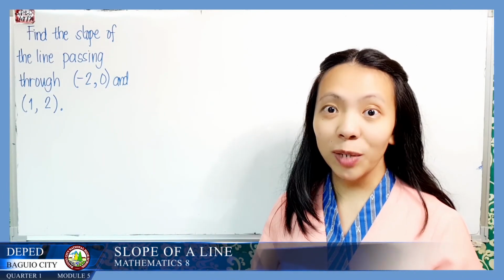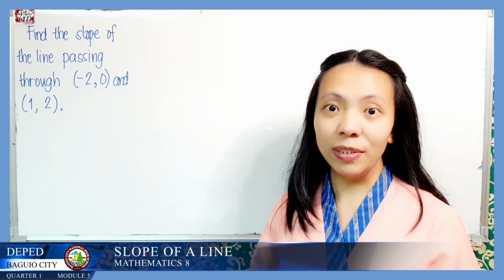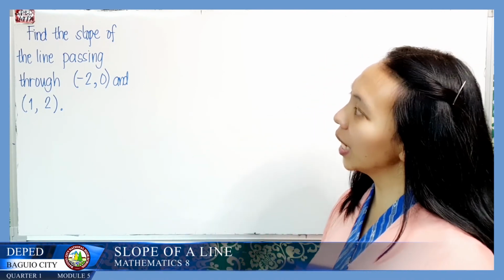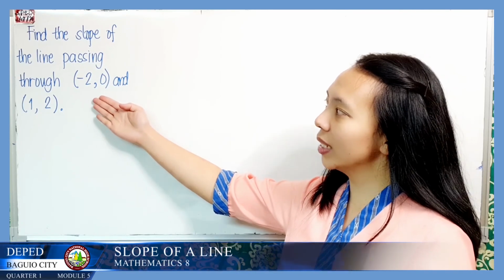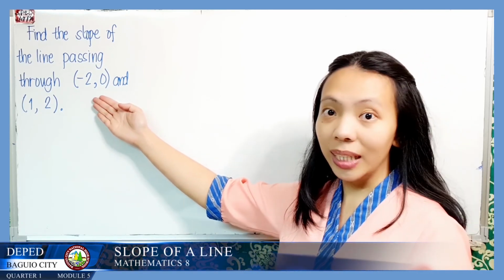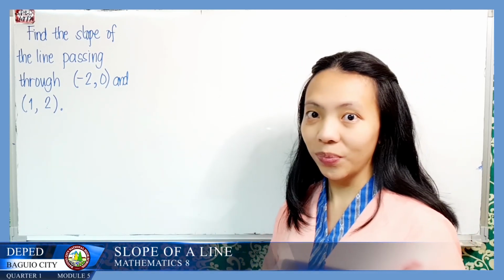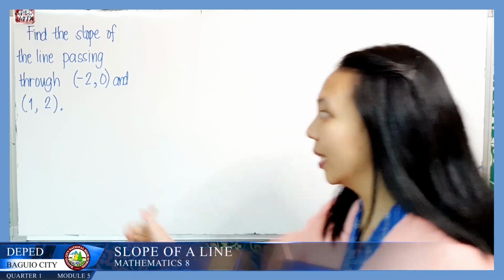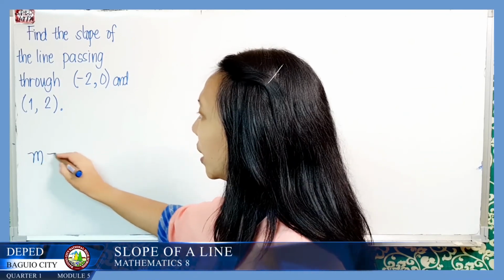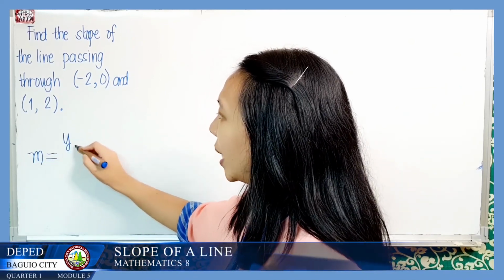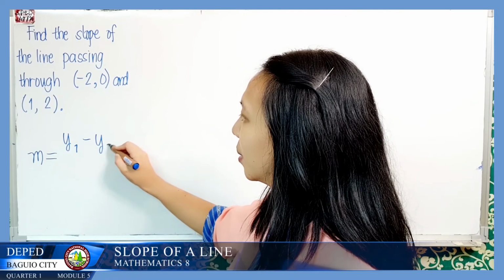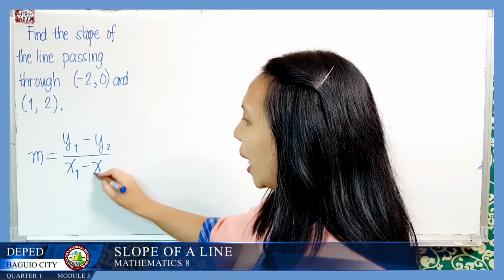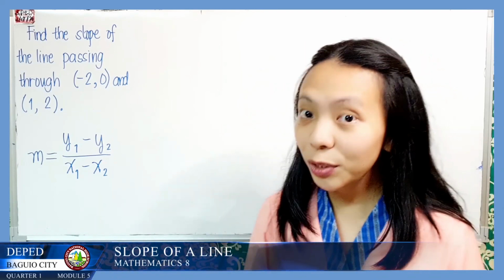Let us now determine the slope of a line given 2 points on the line. Let's start with the line passing through the points (-2, 0) and (1, 2). Remember the slope formula. It is m, or slope, is equal to y sub 1 minus y sub 2 all over x sub 1 minus x sub 2. We have 2 points.